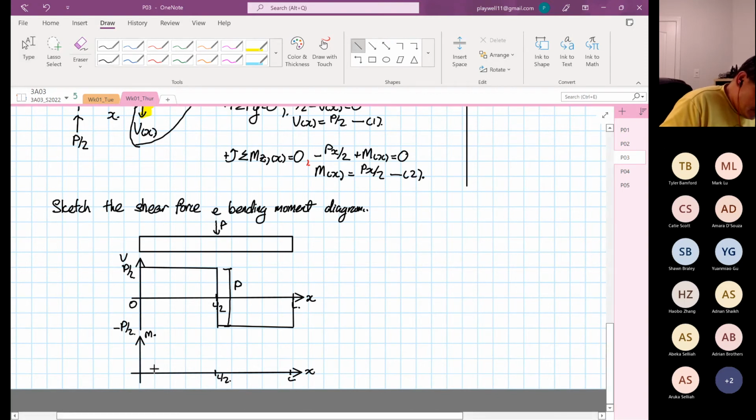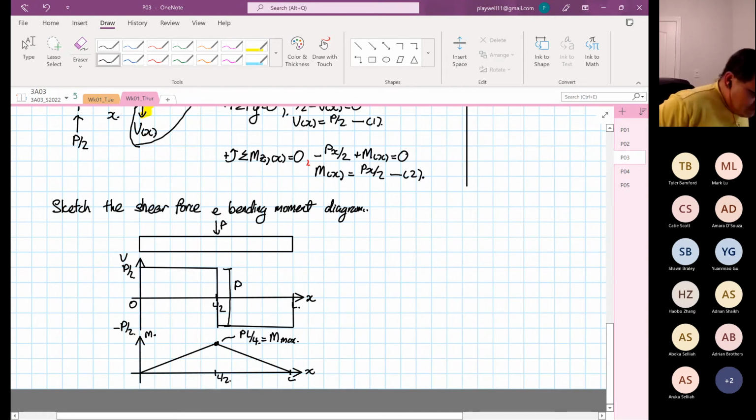So our bending moment will go up to here, and then from here it will come down. At its maximum over here, it is going to be PL over 4. And this is our M max.